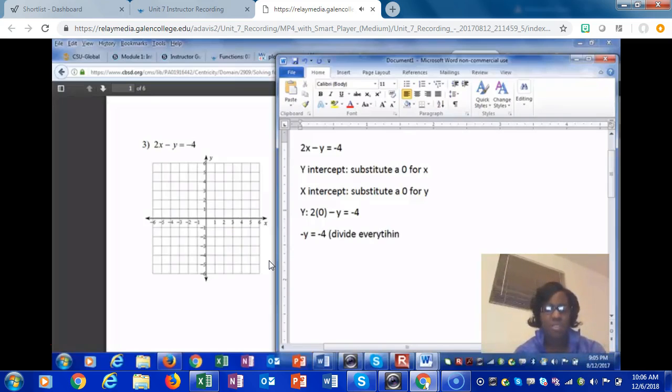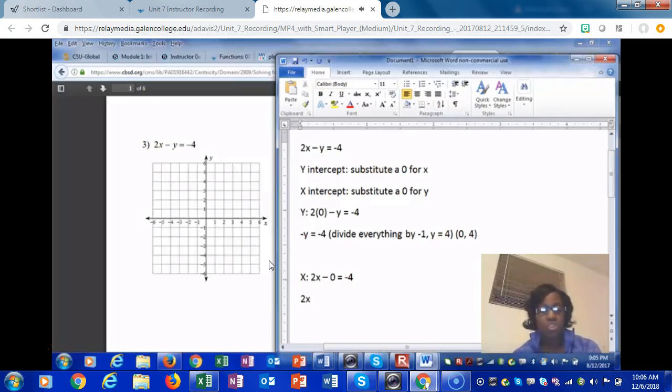If I divide everything by negative 1, divide by negative 1 here, and here 2 negatives make a positive. So y equals 4. In coordinate pair form, it's 0, 4. For the x-intercept, we put in a 0 for y, so we have 2x minus 0 equals negative 4.